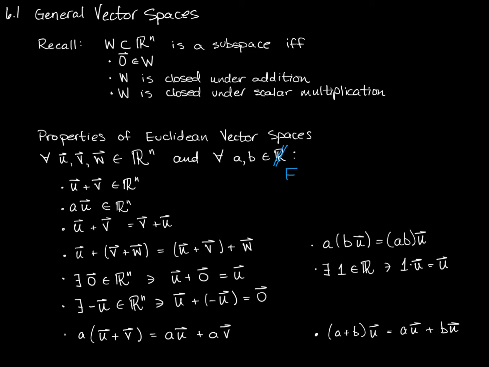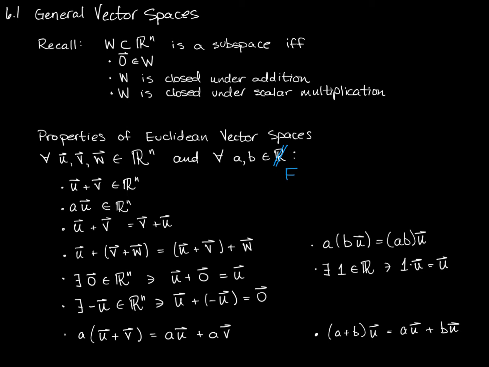If it's not specified otherwise, you can assume that the field that you're working with, even if it's just labeled F, if they don't tell you this is the field of integers, or, well, integers aren't a field, this is the field of polynomials, for example, then you can assume that the field that you're going to be working with is the real numbers.